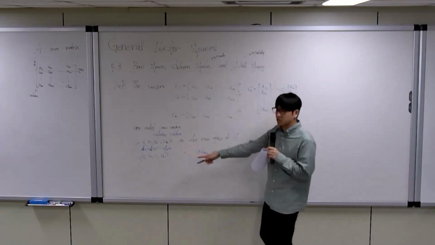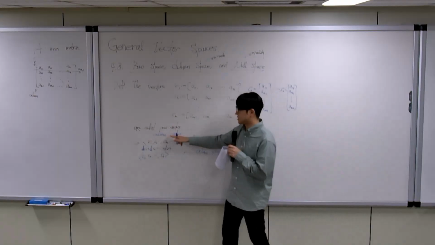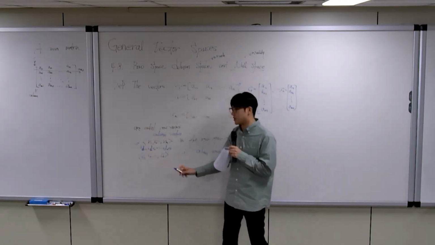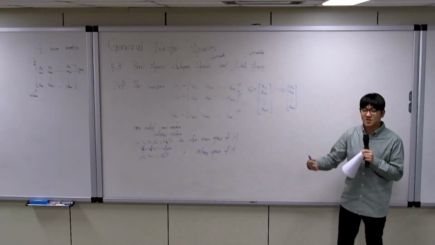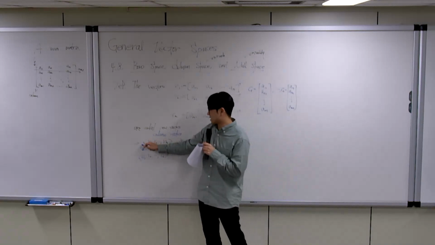If you construct a linear combination of this space, then it will be in here. We just gather these elements from the spanning set.